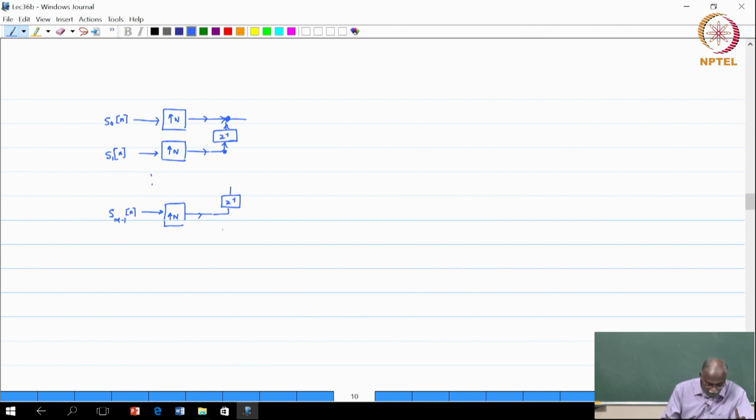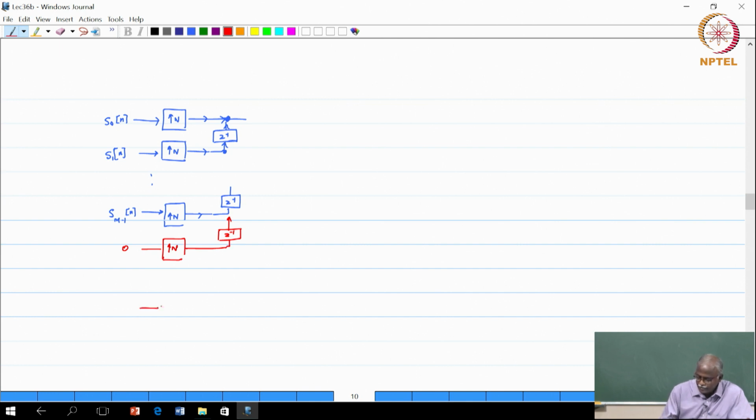Now the 0 padding part, very important, because we have only m minus 1 signals, but you are trying to multiplex n inputs. So, this is a 0 valued input which you can visualize as being upsampled by n, nothing is happening, but it passes through the delay chain and then gets added to the rest.